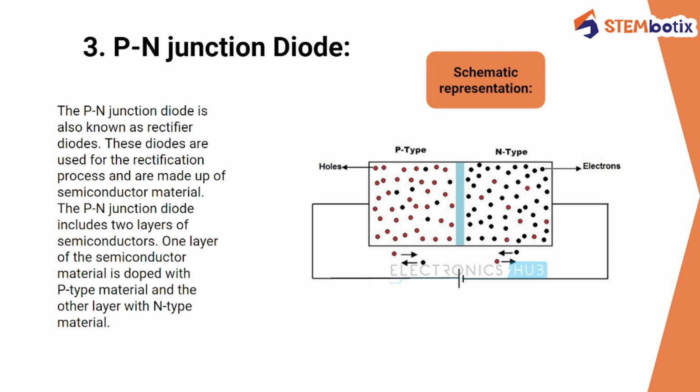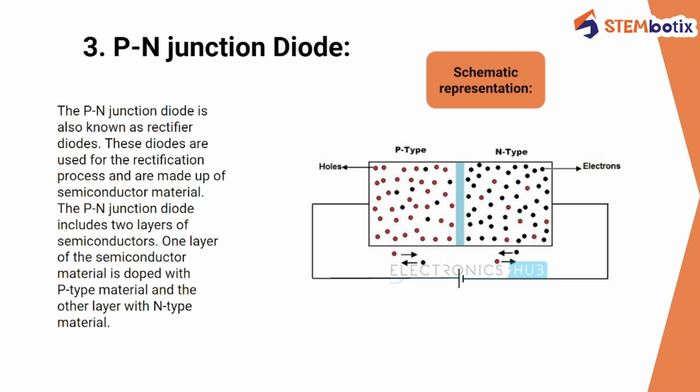So this is a kind of one way device: it allows current to flow only in one direction, and it resists or blocks the current in the opposite direction.